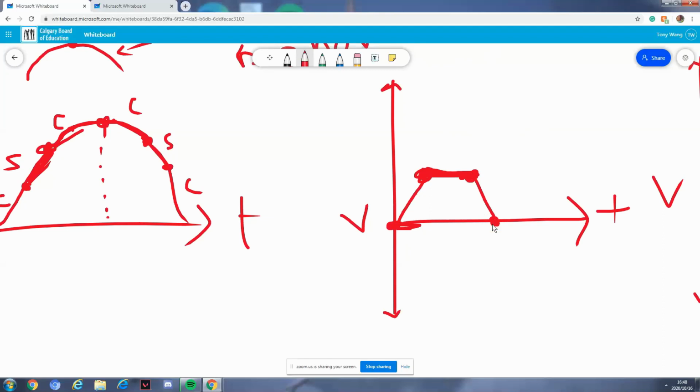And where would it stop? Roughly, where would it stop? A, B, C, where would it stop? At point A. Roughly, I would say that as well. Okay, and then later, can you justify why it would stop at around A?